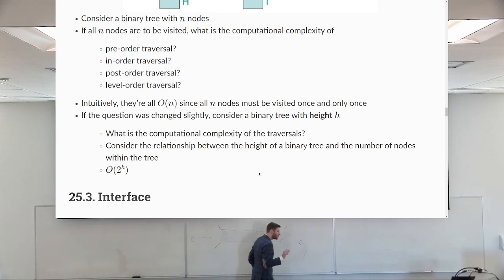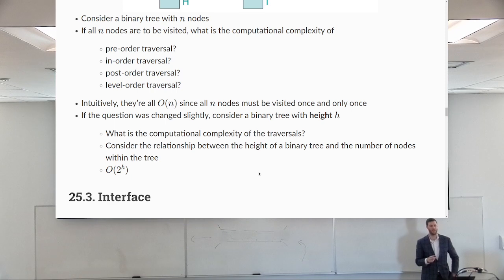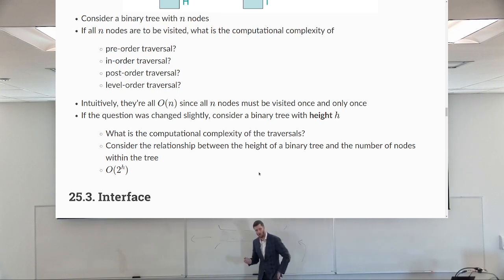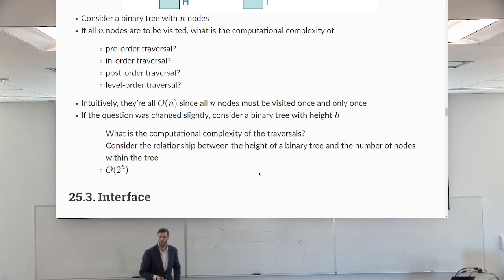If the question was changed to be, consider a binary tree with height h, what is the computational complexity of this algorithm? Well, now it becomes hopefully a little clearer about what is n.